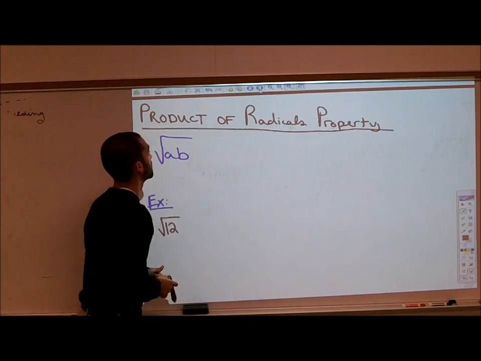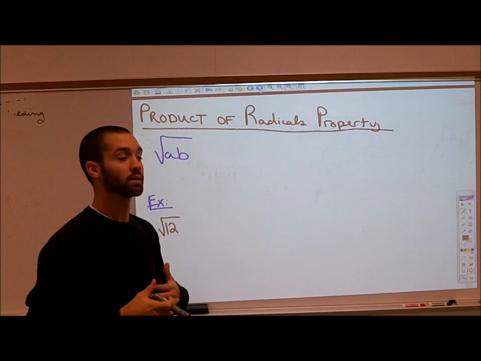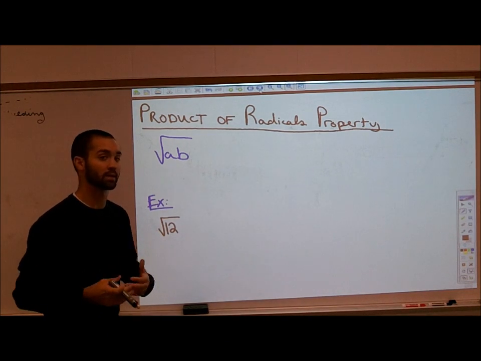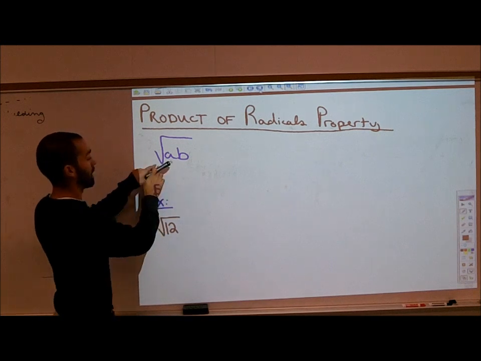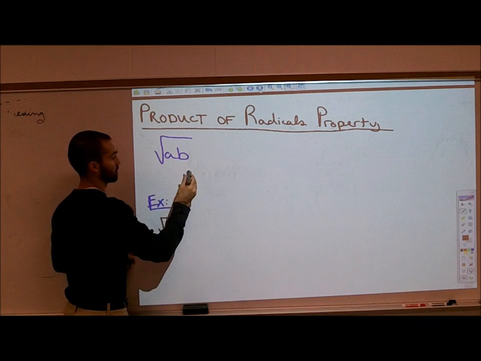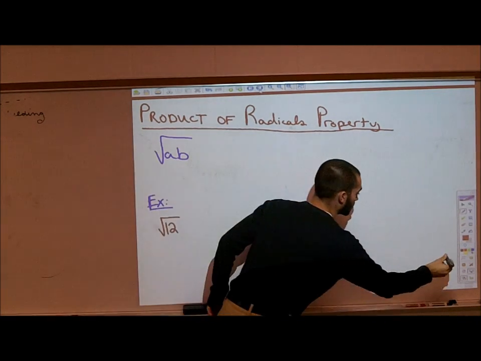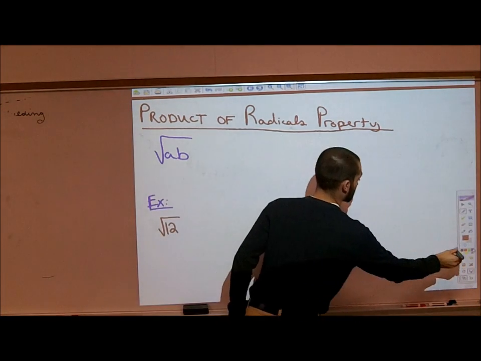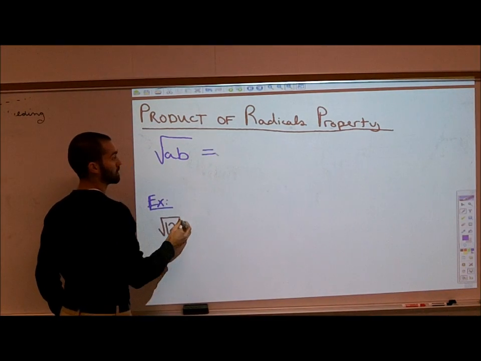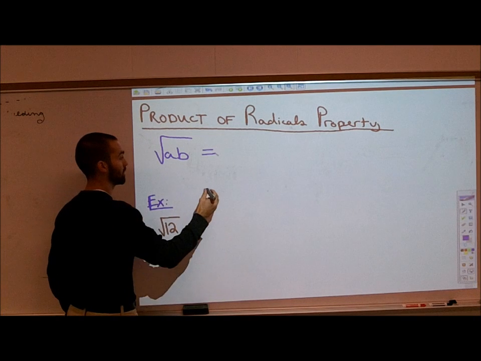Moving on. The next thing we're going to talk about is called the product of radicals property. Okay? And what that states is, you take the radical of a multiplication problem. So if we were to continue this, well, what's the multiplication problem inside this radical?